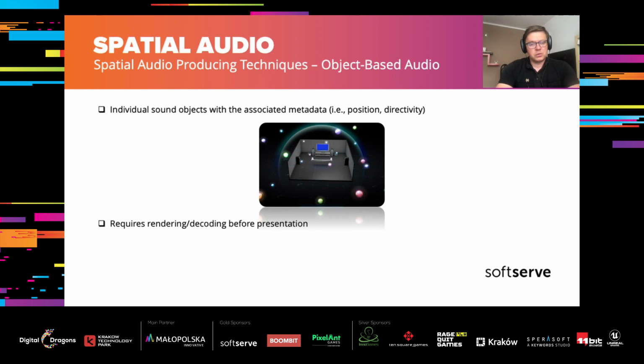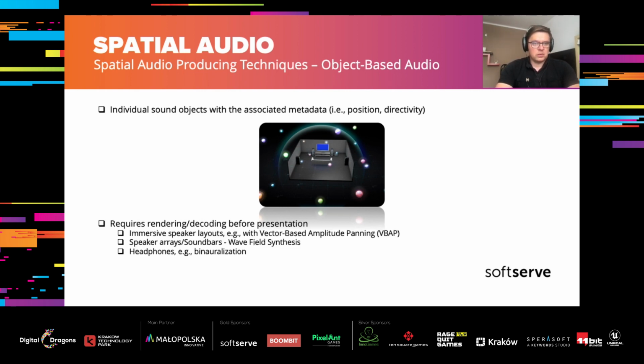So on the user side, we need to have information on how many speakers, or if he is using headphones. So what kind of presentation layout is going to be used, and then the renderer processes the sound objects along with the associated metadata in order to create proper audio signals that will be delivered to the speakers or headphones.